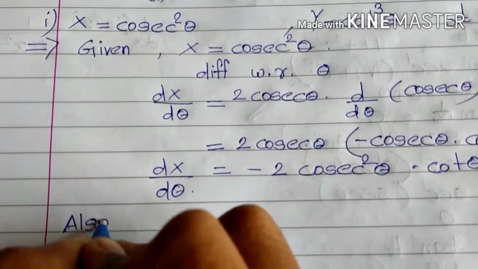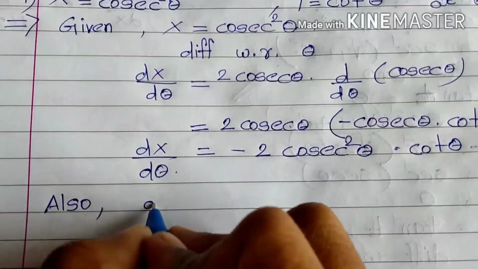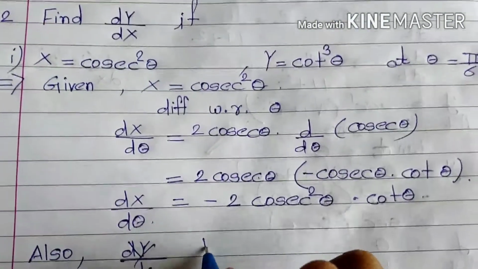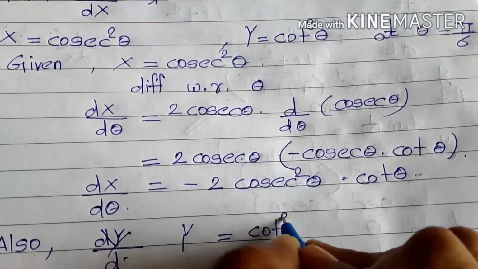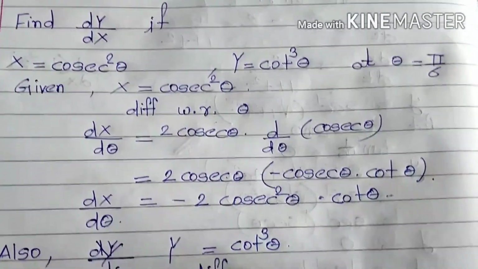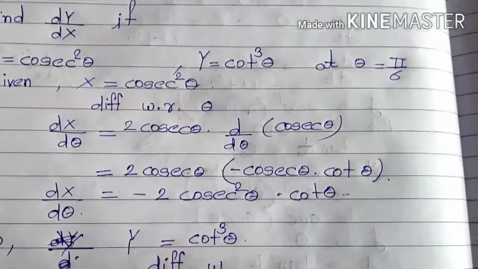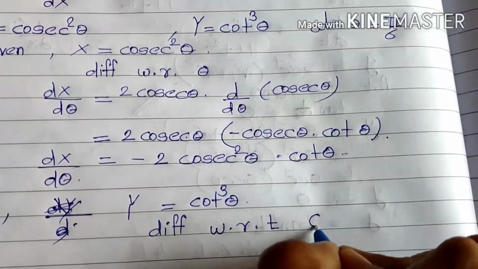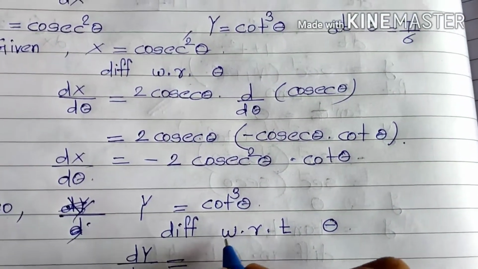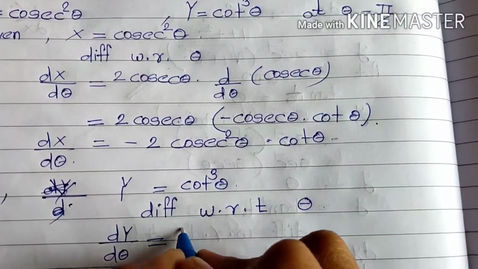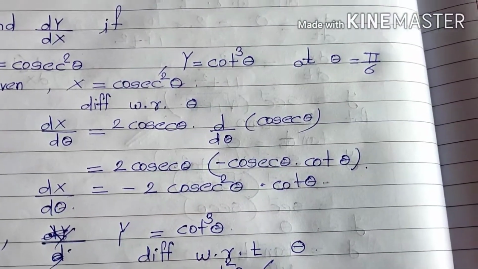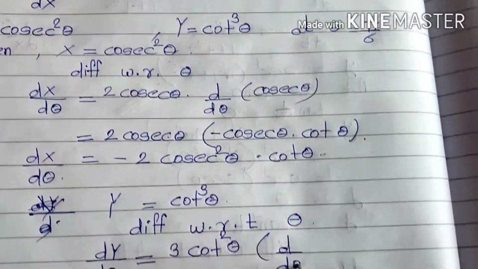Also dy upon d theta, where y is equal to cot cube theta. So differentiate with respect to theta. dy upon d theta is equal to the differentiation of cot cube theta, which is 3 cot square theta and the differentiation of cot theta.